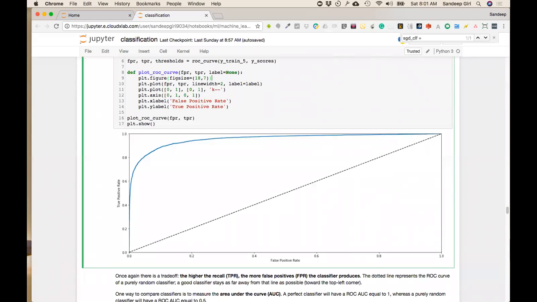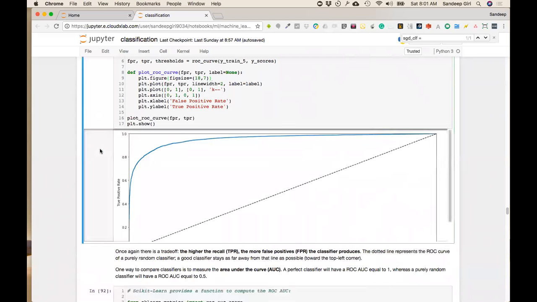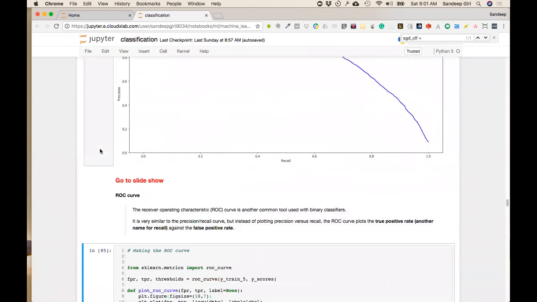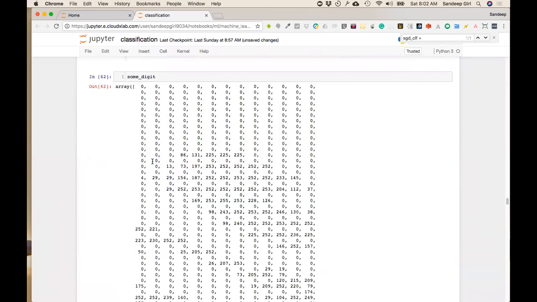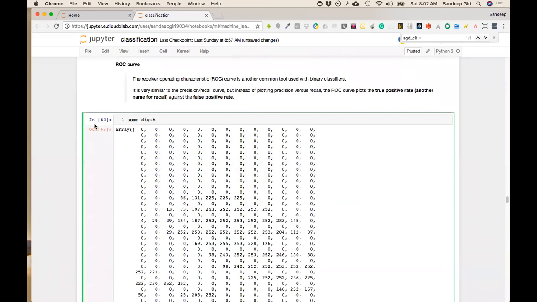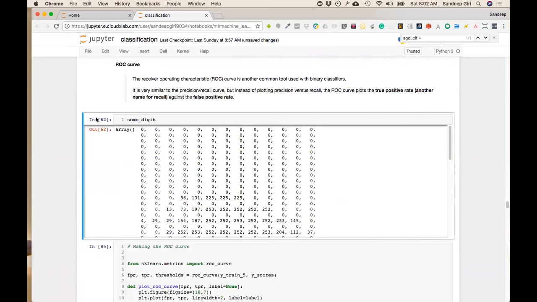Input parameter is one of the digits that we had randomly selected earlier, one of the images. Some digit is one of the images that we were using everywhere. This was one example that we were using mostly.